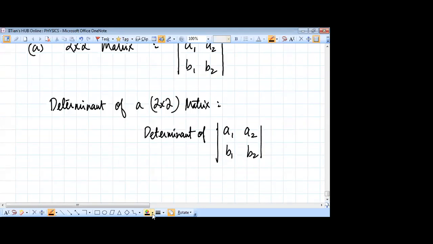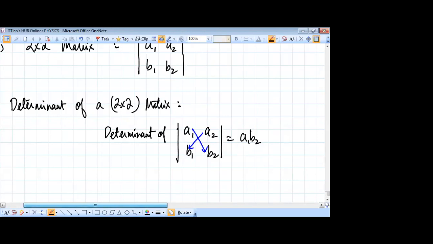In solving of linear equations, it helps, etc. It becomes this diagonal minus this diagonal. It is given by this simple formula that it is A1 B2 minus A2 B1.